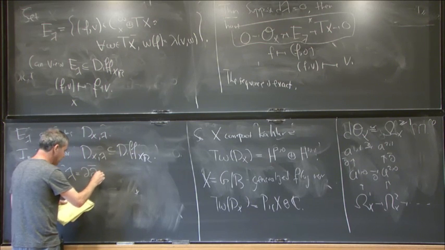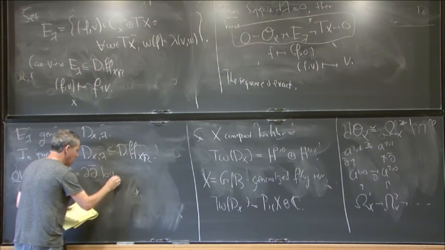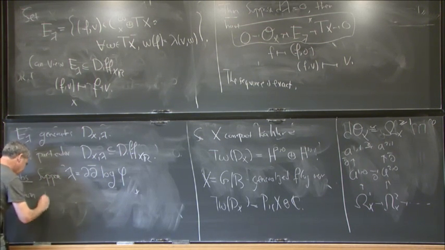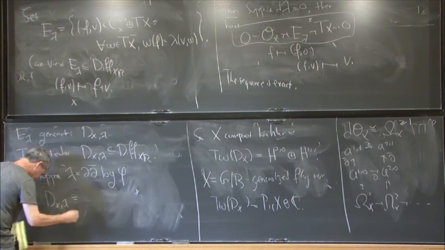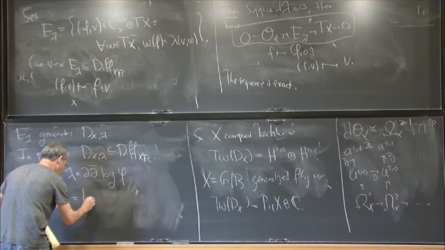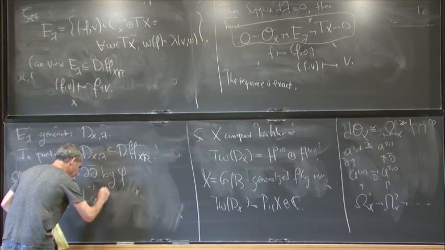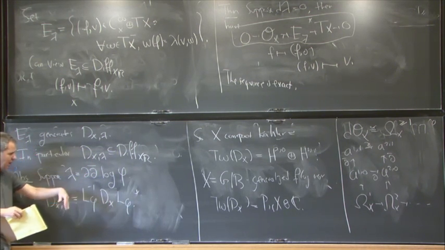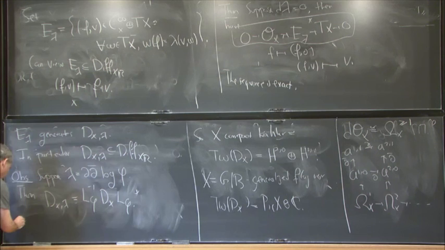Suppose lambda is equal to d bar log of phi. Locally they are all going to be like that. But then dx lambda is just L phi inverse of dx times L phi, where L phi is multiplication on the left by phi.